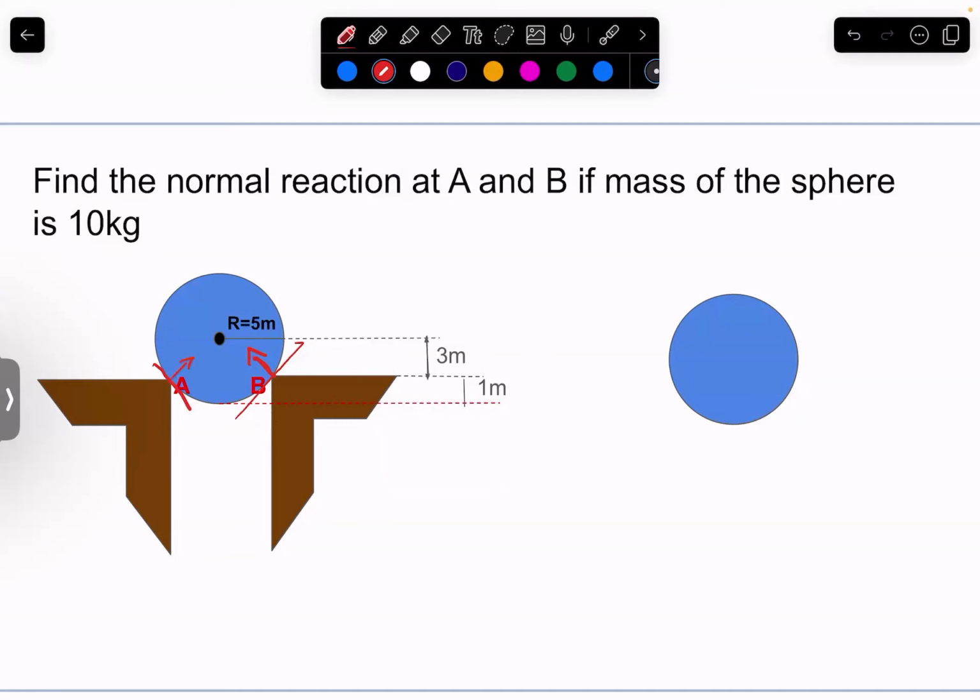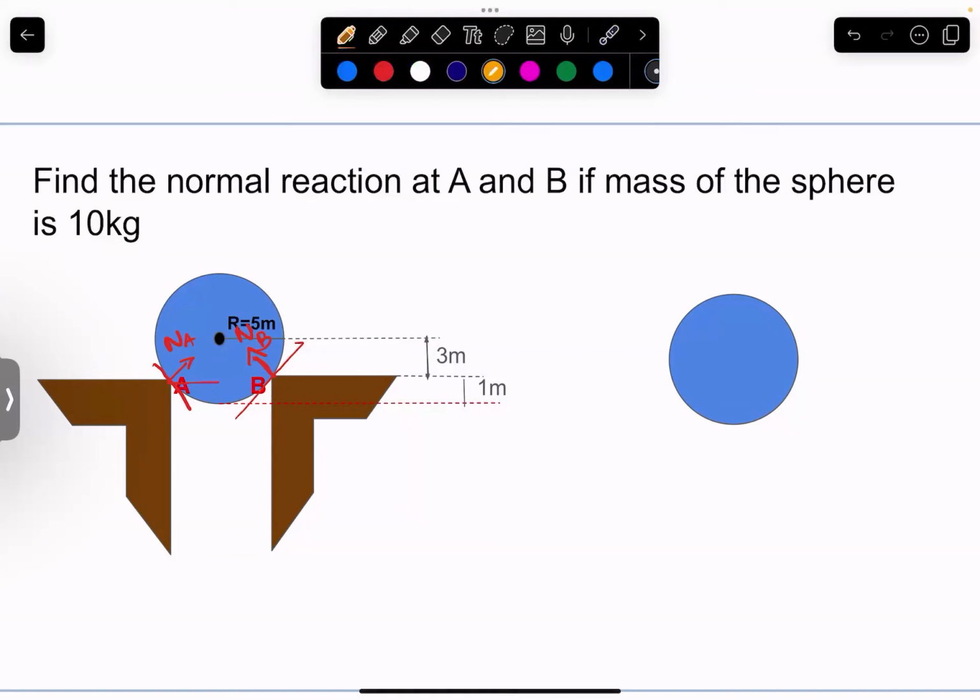We will take these normal reactions as NA and NB. Now we want to find the angle at which it is inclined, and for that some geometric parameters are given. This distance is 3 meter, this is 1 meter, and this radius is 5 meter. So let's draw it over here.